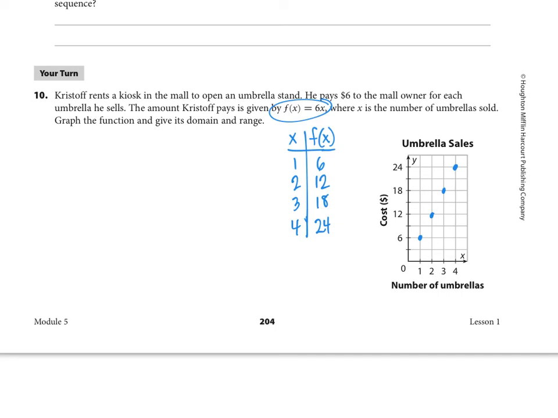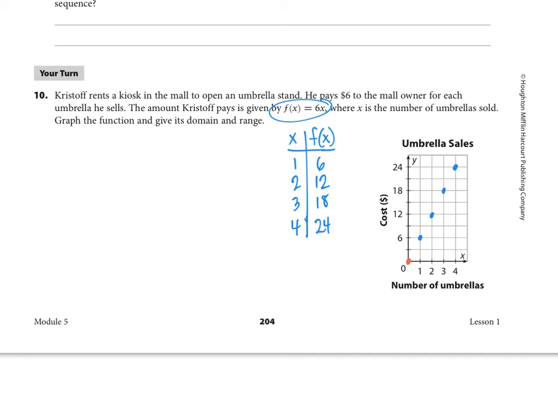So we want to think about, do we connect these points? Well, first, I'm going to mention this. I think in this case, it makes sense to have 0, 0 because think about what that means. 0 umbrellas, Christoph would pay $0. I think that makes sense because Christoph could have a day where he doesn't sell any at all. And if I were to connect these, let's do that, and if it's wrong, I'll erase it anyway.